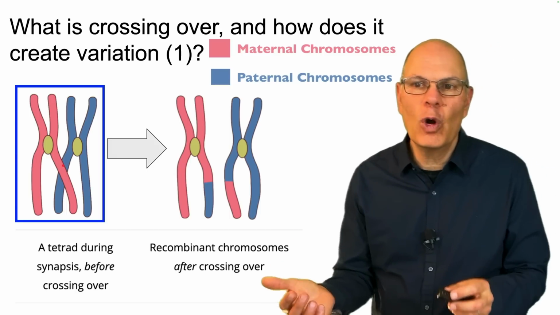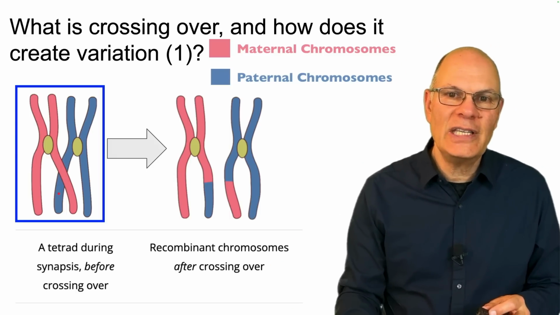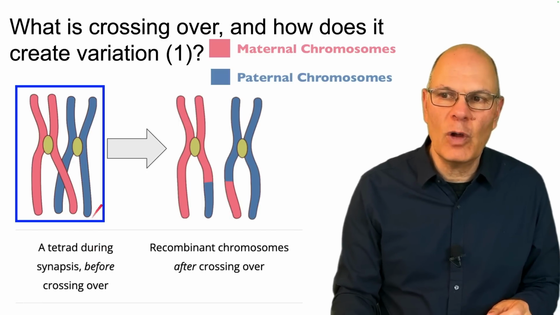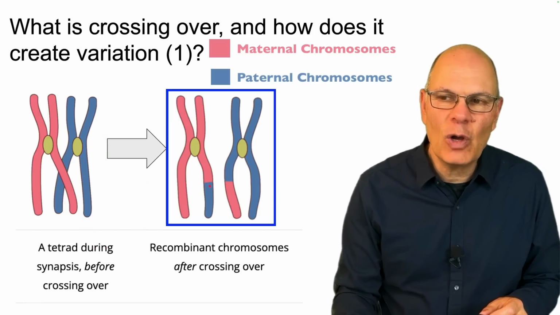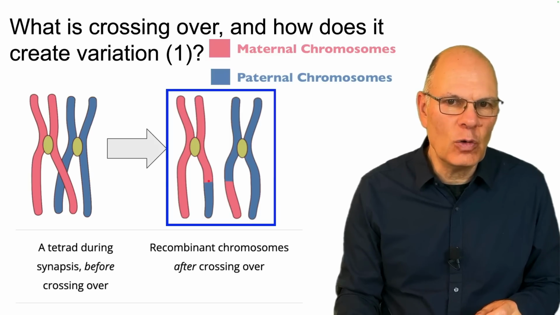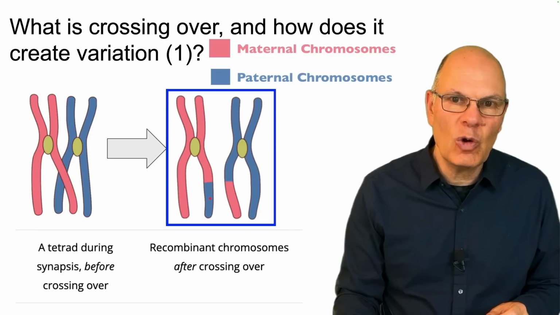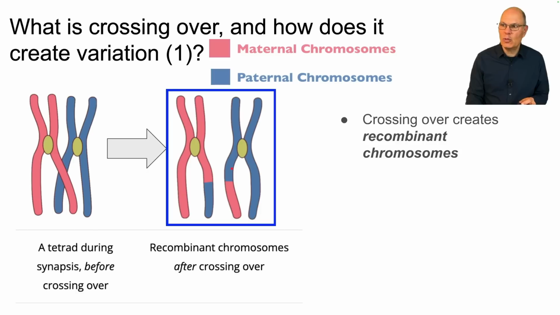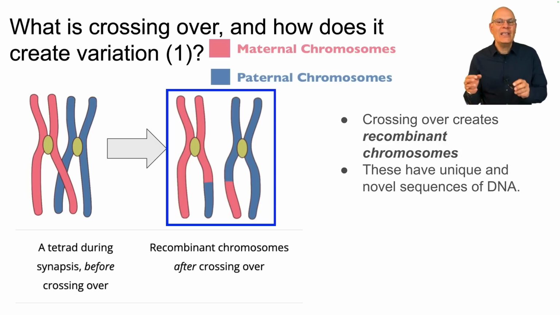This array of 4 sister chromatids is called a tetrad. So this is what it's like before crossing over, and then after crossing over, it's like this. Well, you'll notice this isn't really a maternal chromosome anymore. It's a maternal chromosome with a paternal piece, and the same thing for this one. So crossing over creates what's called recombinant chromosomes, and these have unique and novel sequences of DNA.